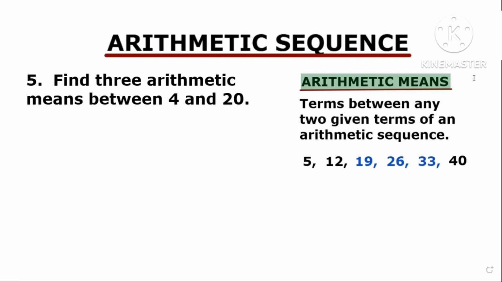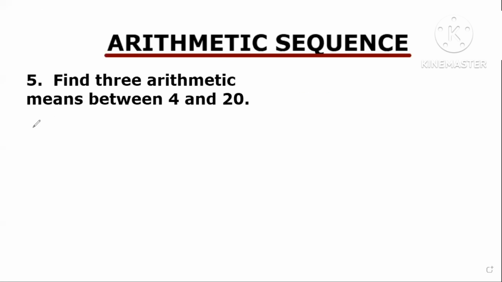But how do we solve for the arithmetic means? So let me illustrate the involved sequence para makita natin kung ano ang hinahanap natin at kung ano ang meron tayo. So we have 4 here as our first term, and then we leave 3 spaces here, and then this is 20.